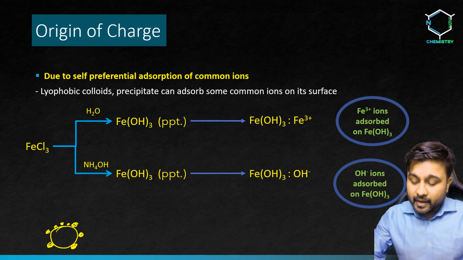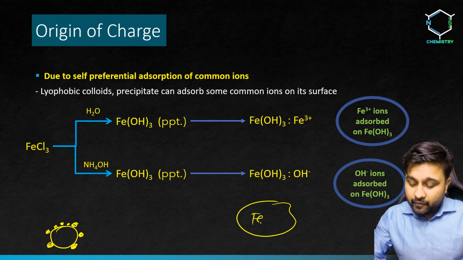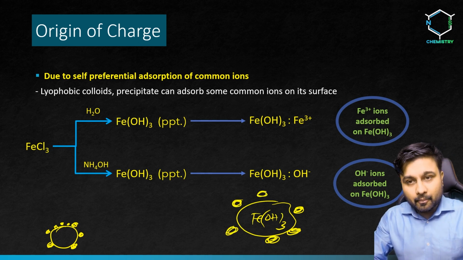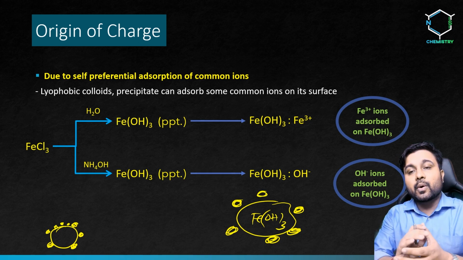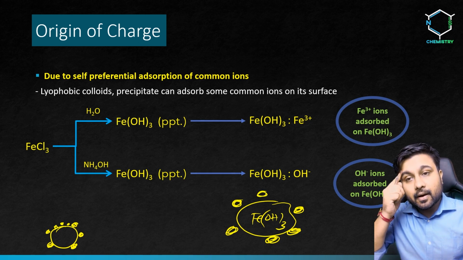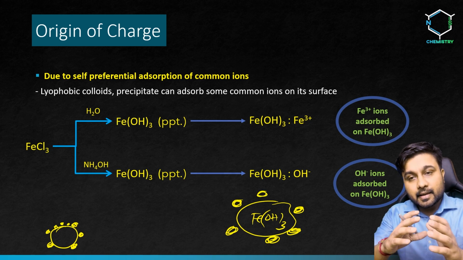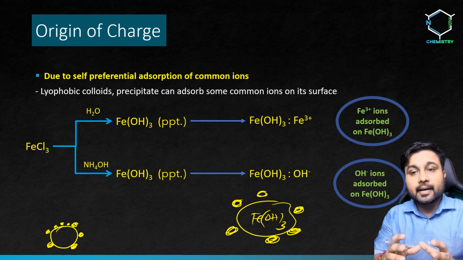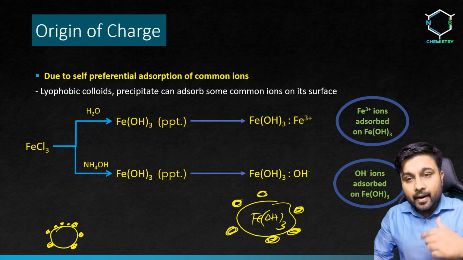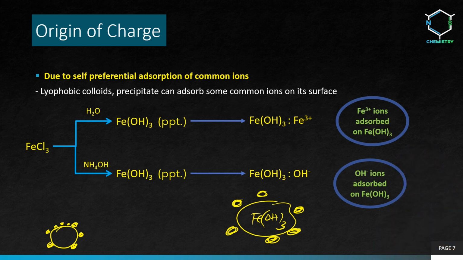So what will happen here: if this is your Fe(OH)3 colloidal particle, above this we have multiple OH minus. This is not one molecule, these are large chunks of Fe(OH)3, and on top of them many OH minus ions got adsorbed, such that the entire particle is now one and has a net negative charge. And opposite to this, in the solution, NH4 positive charge will remain in the dispersion medium, not in the solution, in the medium outside the charge will be positive.